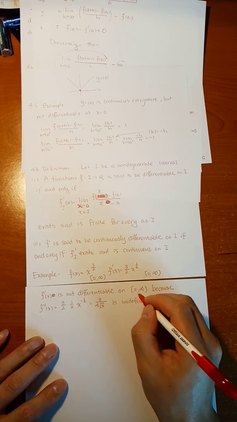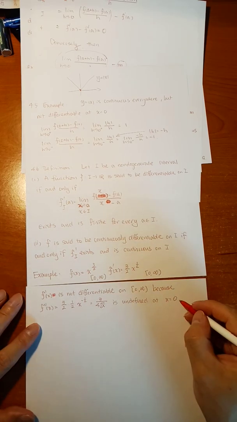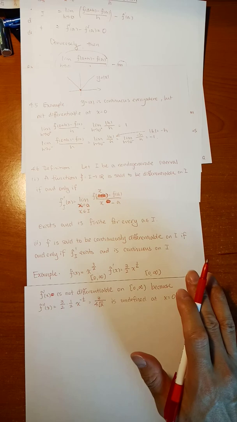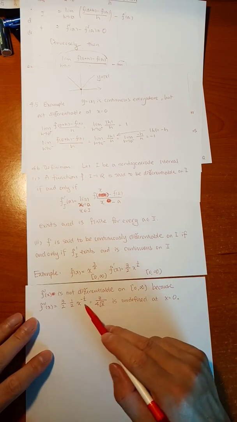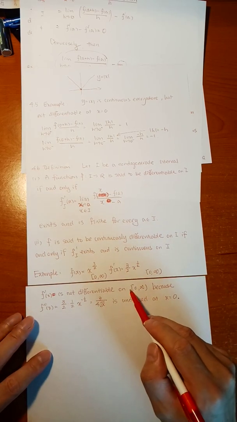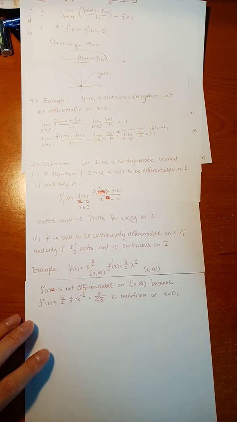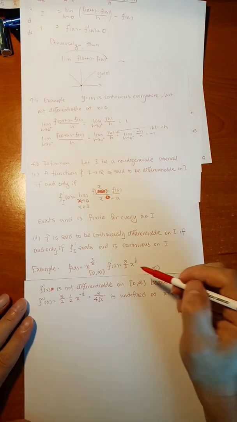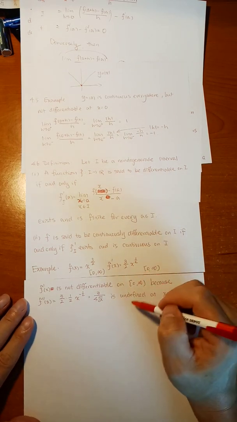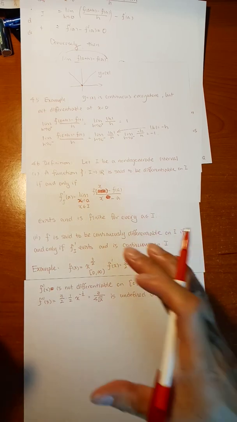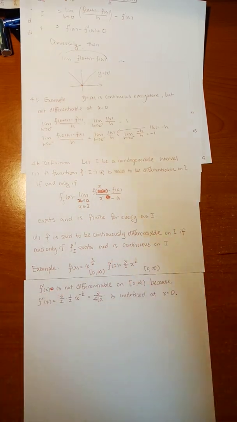Only this point gives you the bad point. Other points are okay. So when you have this situation, you have to exclude 0. So this one is continuously differentiable, but this one is not continuously differentiable over the whole interval. The domain might be smaller.